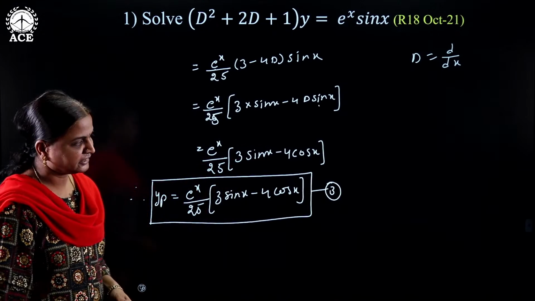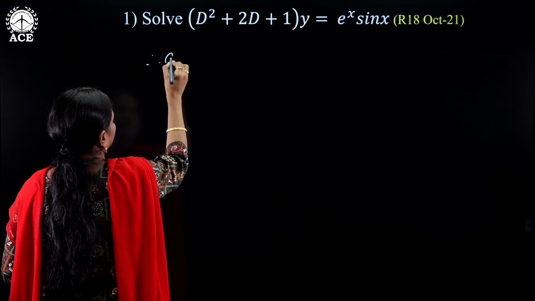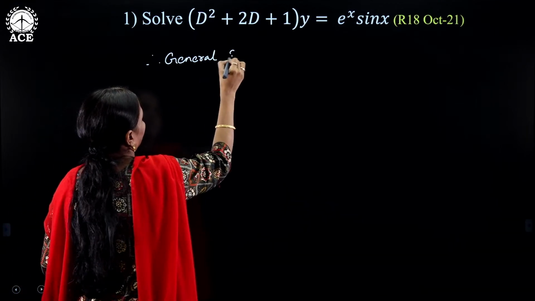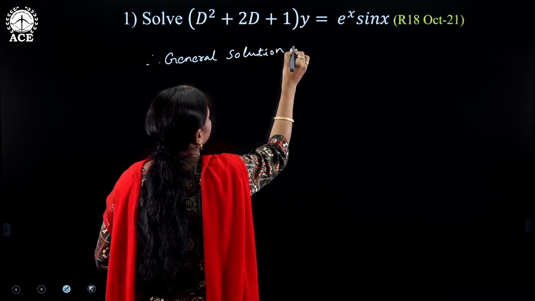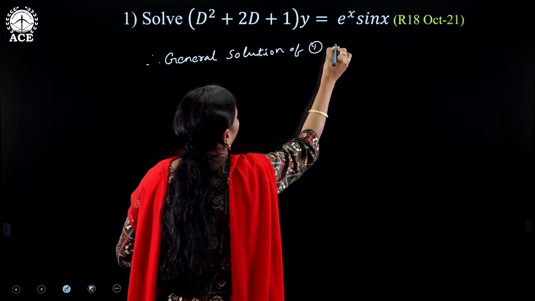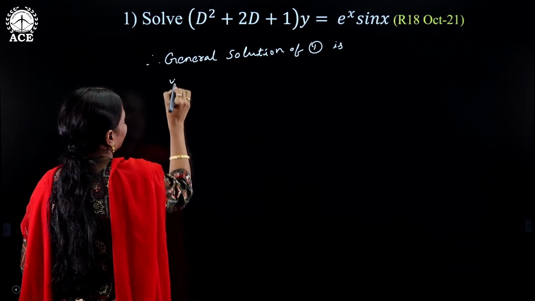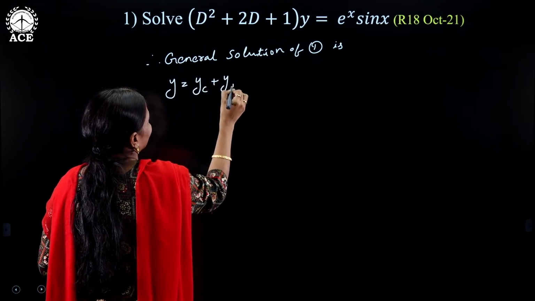Next, write the general solution. What is the general solution? So therefore, the general solution of the given equation 1 is, from equations 2 and 3, y is equal to yc plus yp.